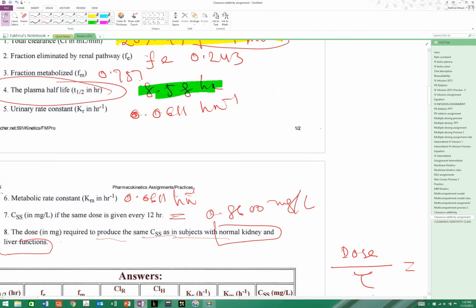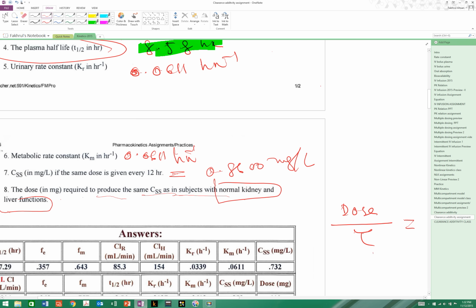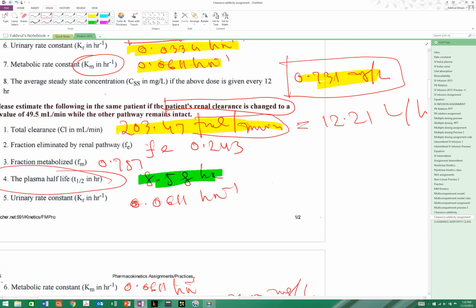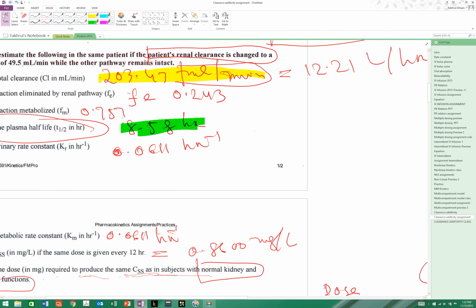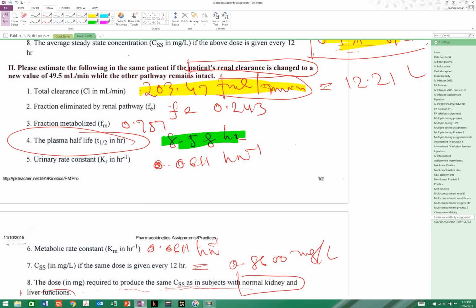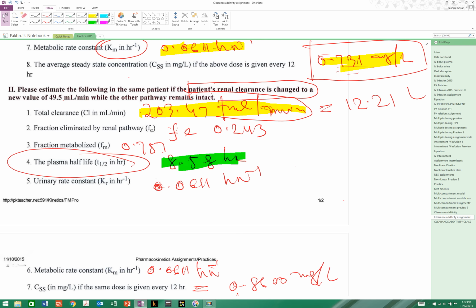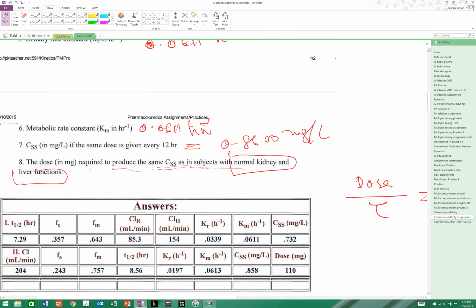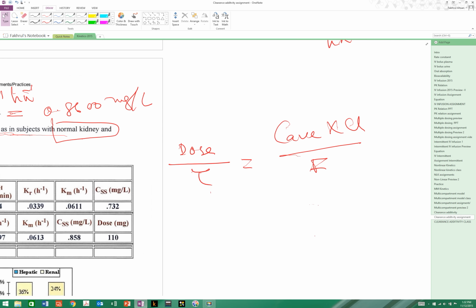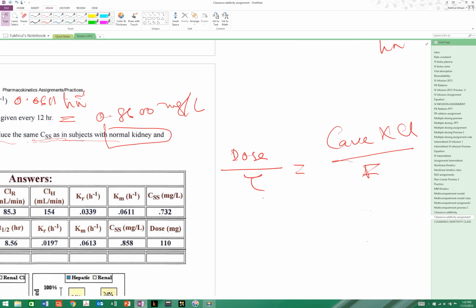And it is asking to calculate the dose required to produce the same CSS as in subjects with normal kidney and liver function. So we have to use this CSS, because the one we calculated is for the person with the bad kidney, since renal clearance has gone down a lot. The question also asks for the normal subject.